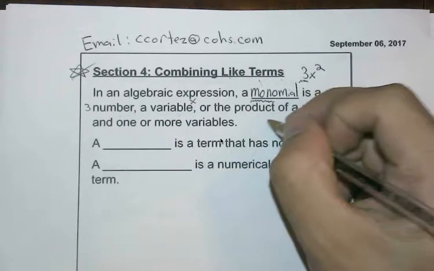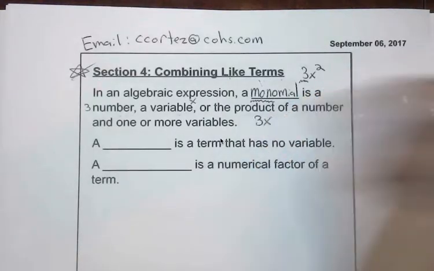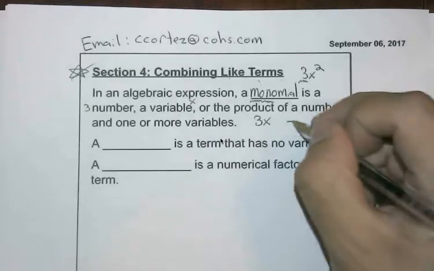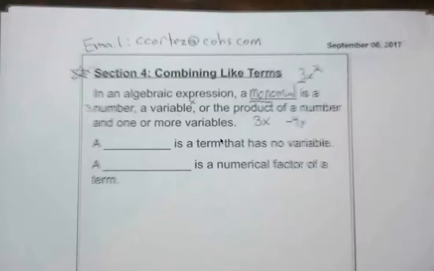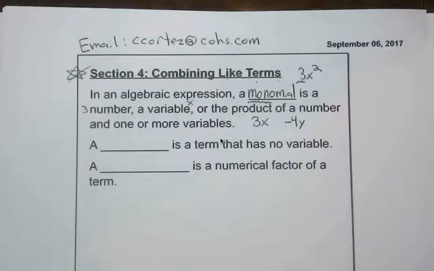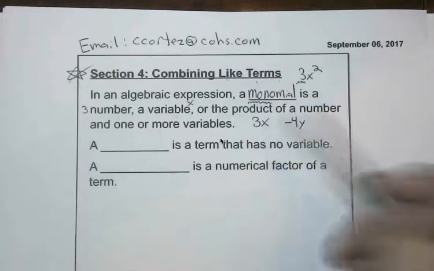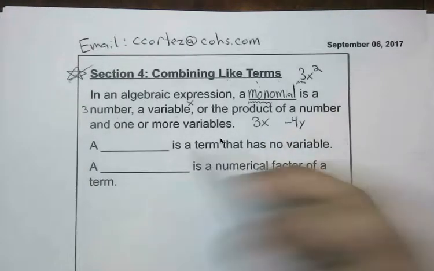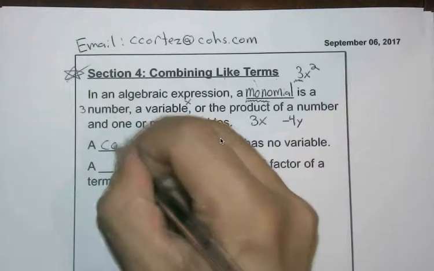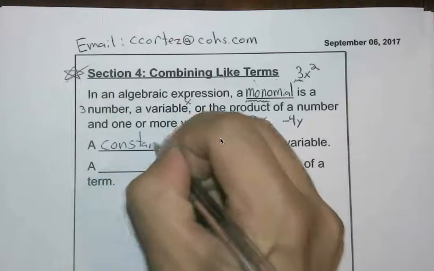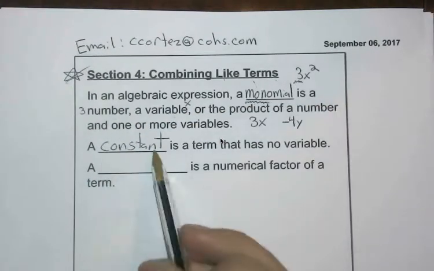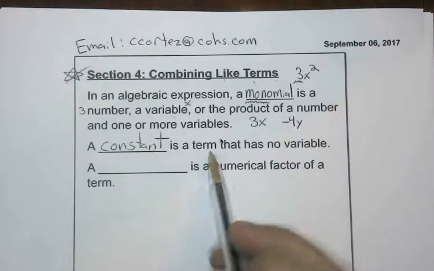But what's cool is that 3x is also considered a monomial. Negative 4y is also considered a monomial. And occasionally, for some reason, the variable goes away. So if this happens, we refer to that as a constant. It's a constant upset when there's a term that has no variable.